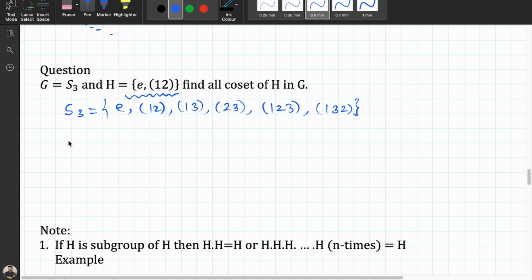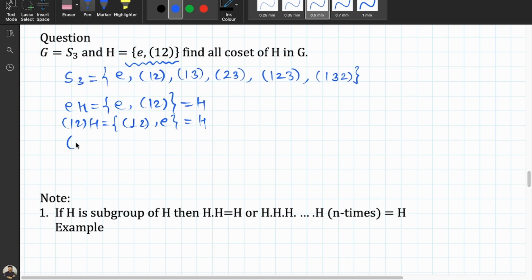Take the element, simply identity with H is again H, because identity is also belonging. Then (1 2) with H is nothing but (1 2) and (1 2)(1 2), of course identity. Now here, (1 3) with H, with identity it is going to be (1 3).